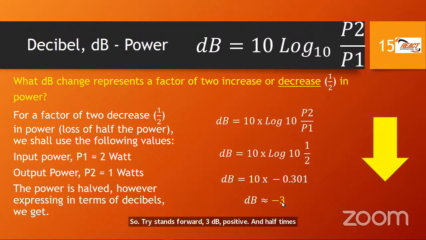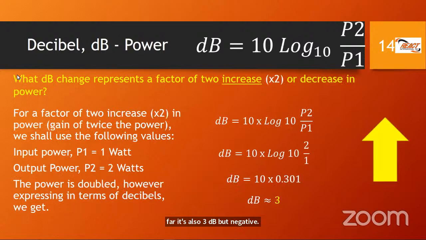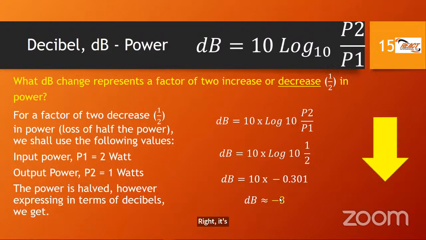So the answer for the exam, when they ask what dB change represents a factor of 2 increase or decrease in power, is 3: for increase it's positive 3, and for decrease it's negative 3. We're just showing how we work the formula, and you can just learn the answer, but hopefully it helps us understand how we derived it.